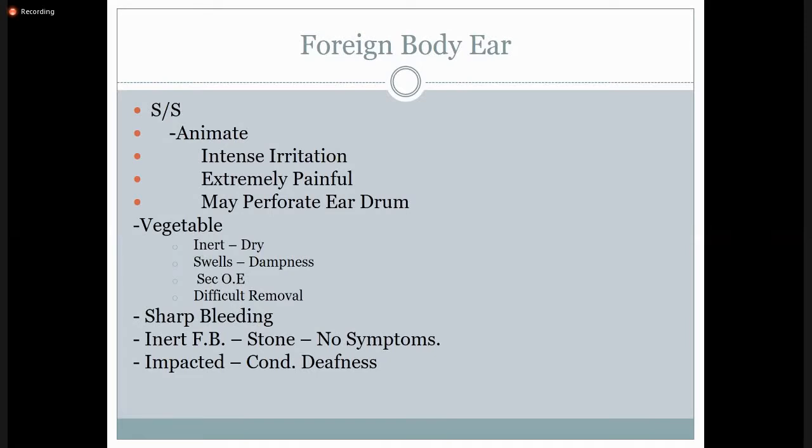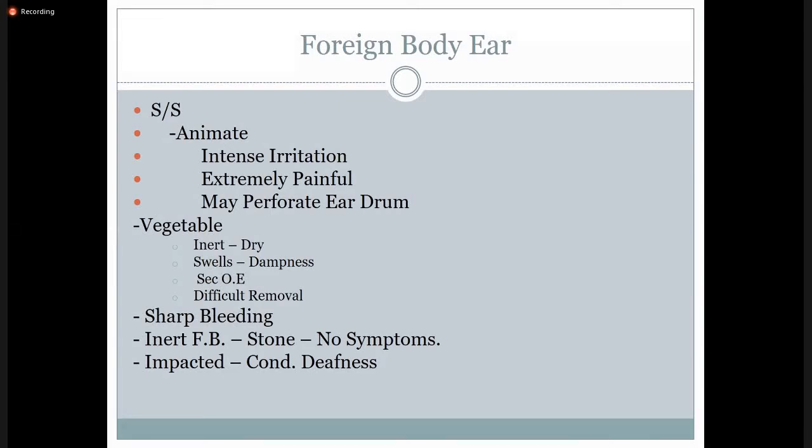For example, an insect gets entry into the external auditory canal, and it gives rise to intense irritation felt by the patient. He would be constantly in discomfort, and it is extremely painful because that insect is damaging the canal inside, and it may perforate the tympanic membrane or eardrum.